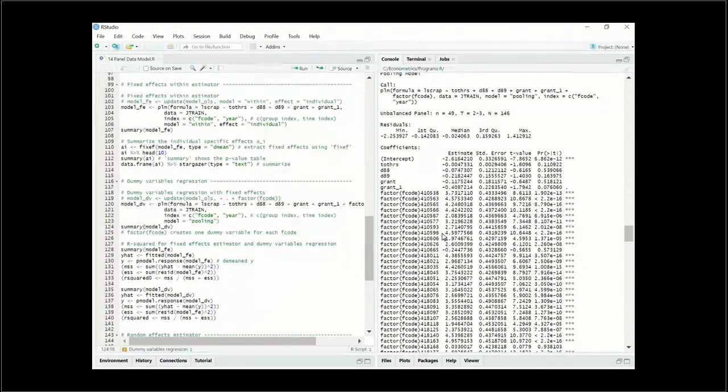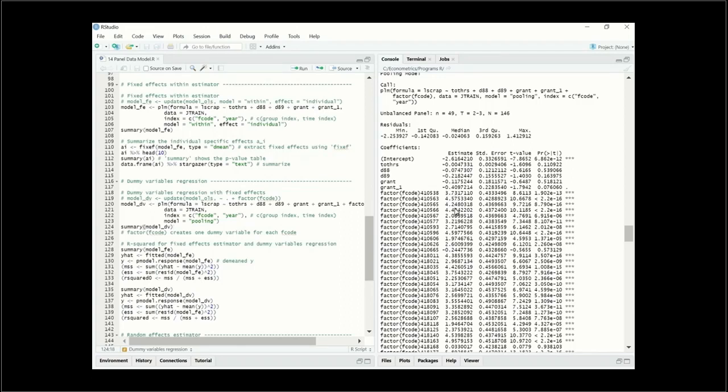So notice that actually the F code for the first firm, which ended in 23, that was the F code for the first firm. Notice that that one is not included in here. Why? Because that coefficient is actually normalized to 0. And all of these coefficients here are with respect to this coefficient on the first firm that was normalized to 0.